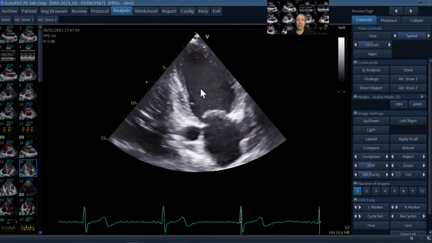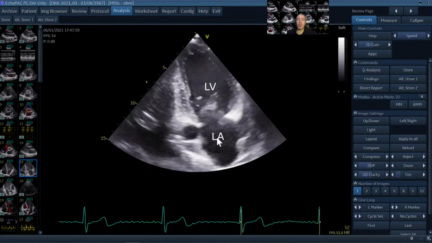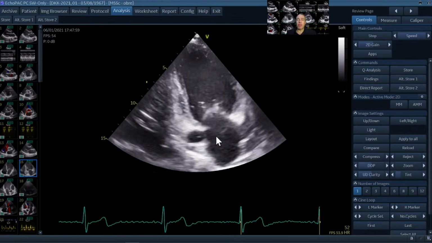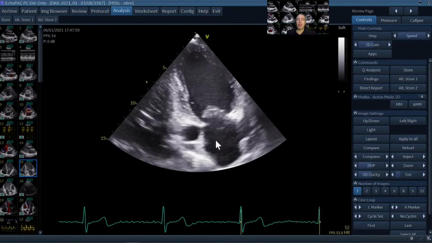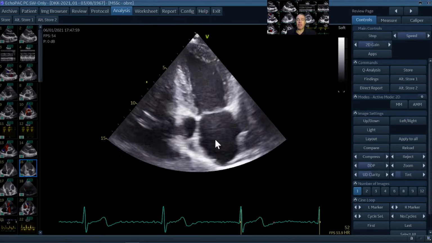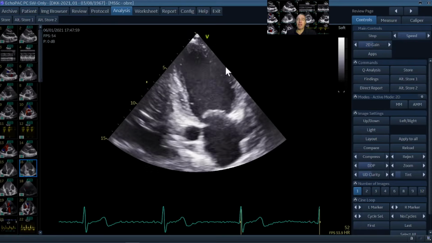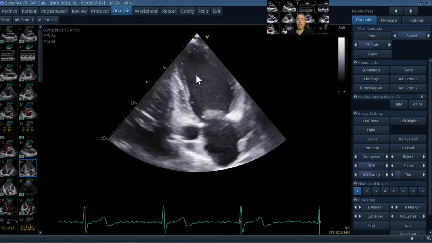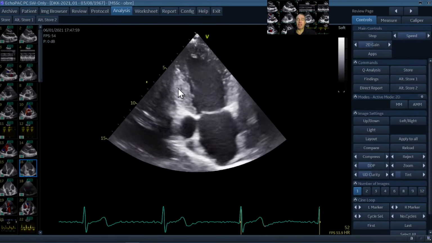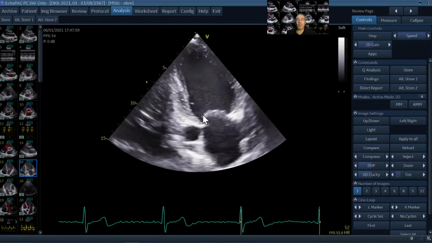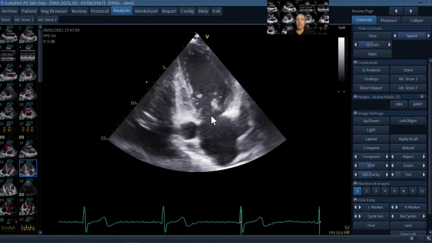Two chambers, the left ventricle and the left atrium. The left ventricular two-chamber view is characterized by some distinct features. Now we see the anterior wall of the left ventricle, and on the other side now the inferior wall of the left ventricle. You see parts of the mitral valve.